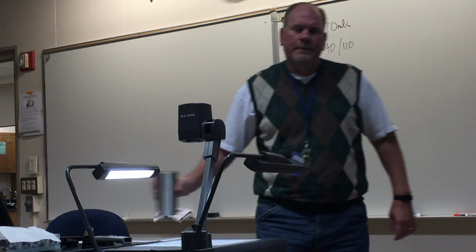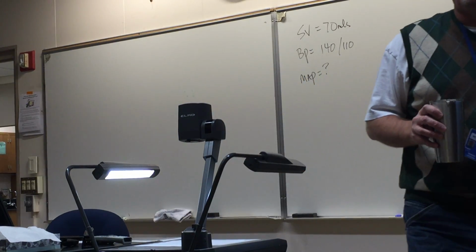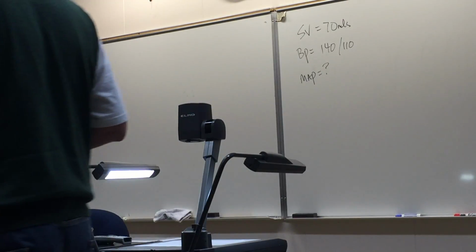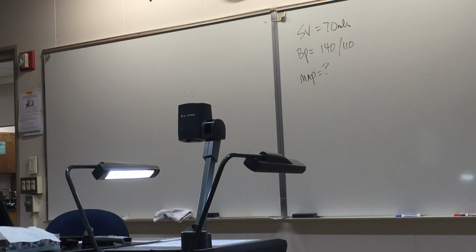What's SV? Stroke volume. The amount of blood ejected from the left ventricle in one cardiac cycle, which is a heartbeat. A lot of terms on this. I was reading that, I was like, yeah, it's pretty thorough.